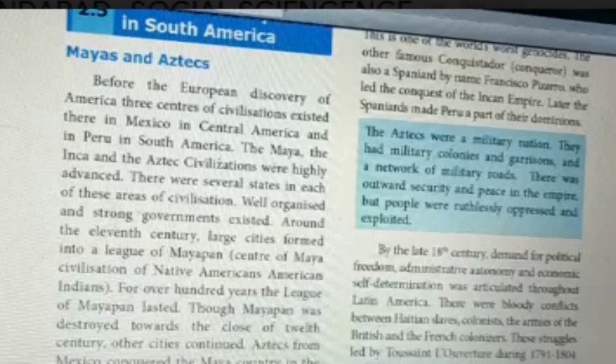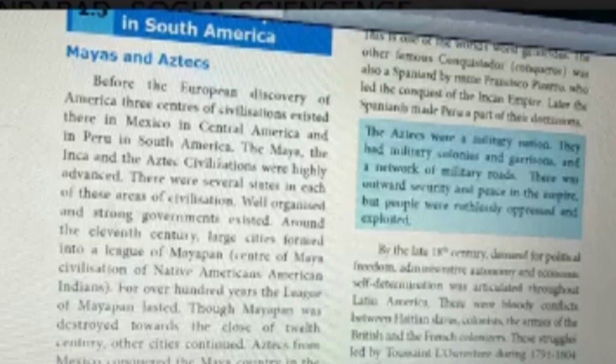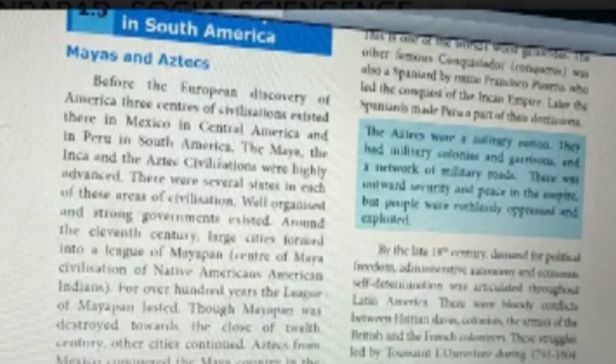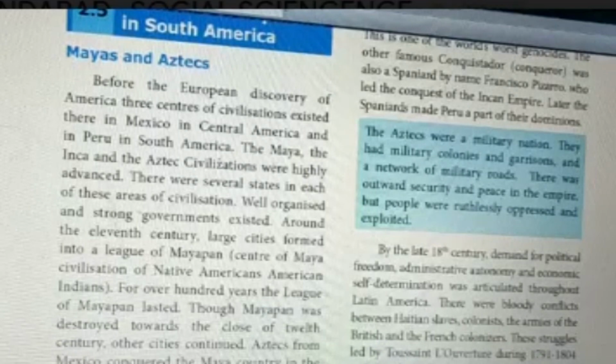But unfortunately, in the 16th century, the huge empire at its peak stumbled, and the whole civilization collapsed. The Aztec civilization was otherwise called the Mexican civilization.